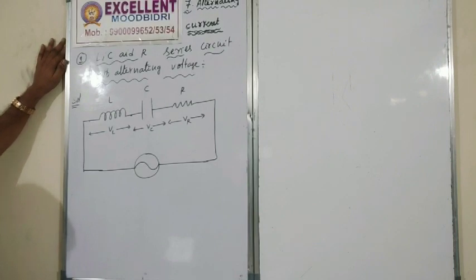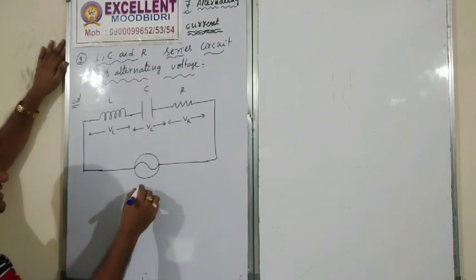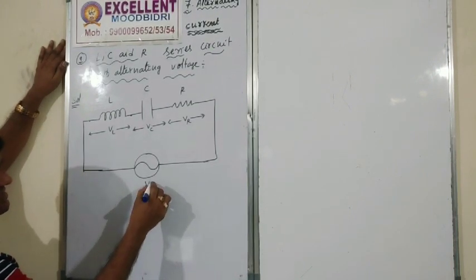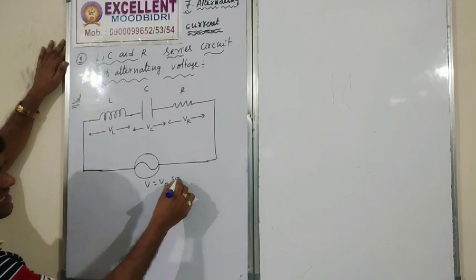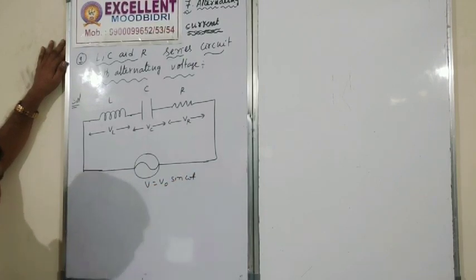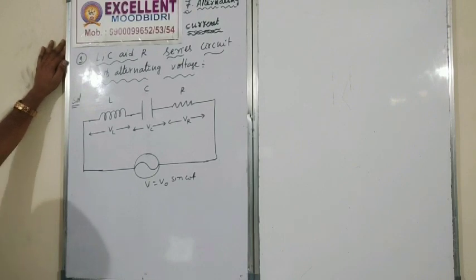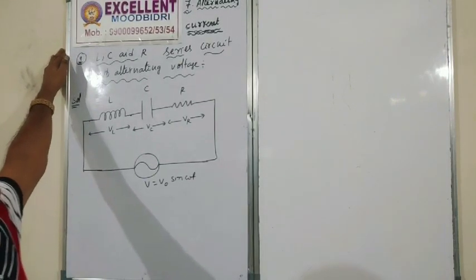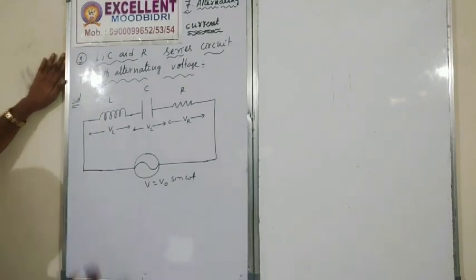As usual, V is equal to V naught sine omega t.